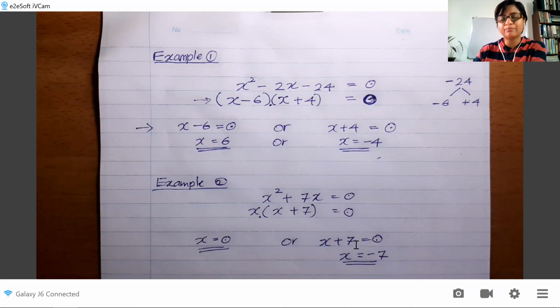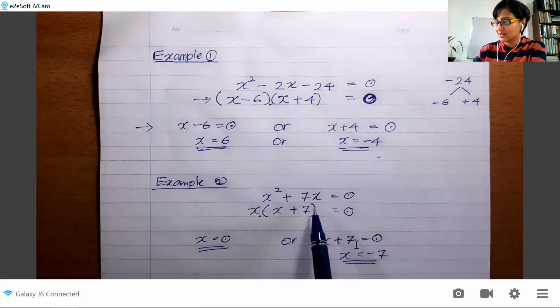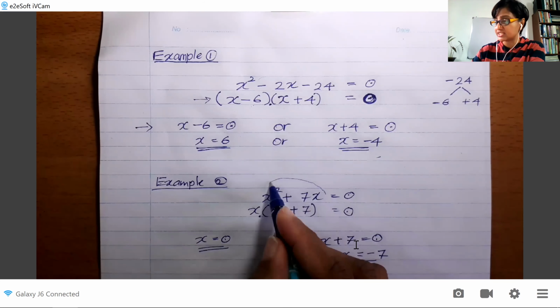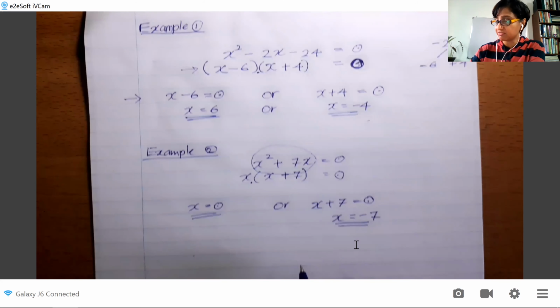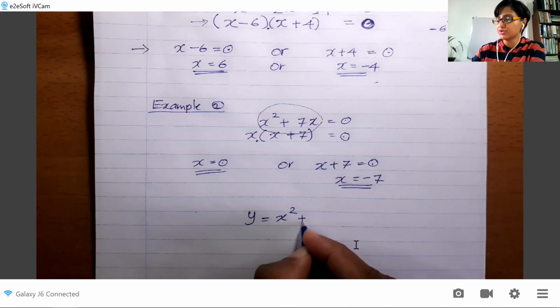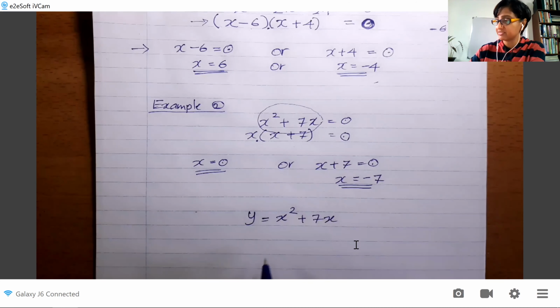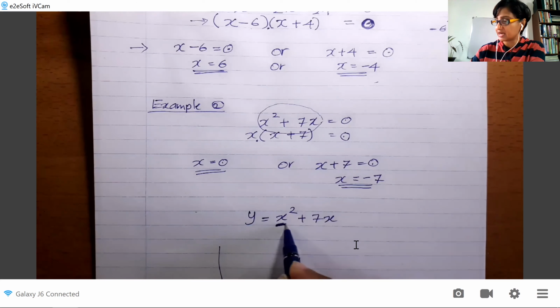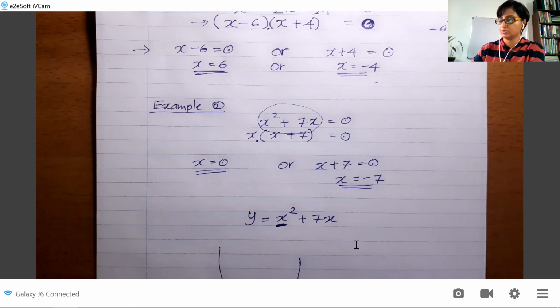And just for a moment, if you want to connect what's going on in solving the equation in relation to the corresponding function. If you think of the function y equals x squared plus 7x, you know that graph is a smiling graph and it cuts the x-axis at 0 and, oops, this must be 0 and minus 7.